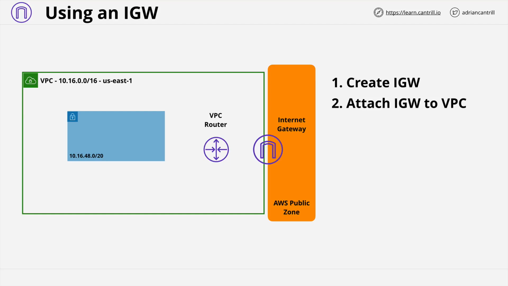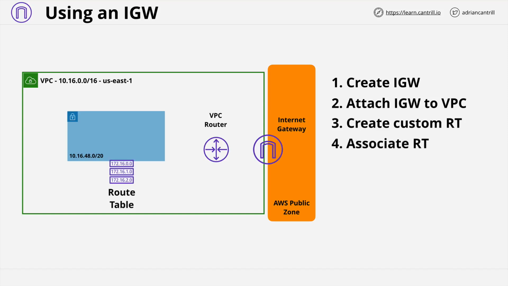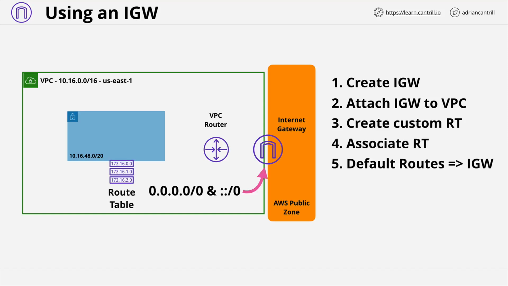So then we create a custom route table and we associate it with the web subnet. Then we add IP version 4 and optionally IP version 6 default routes to the route table, with the target being the internet gateway. Then finally, we configure the subnet to allocate IP version 4 addresses and optionally IP version 6 by default.